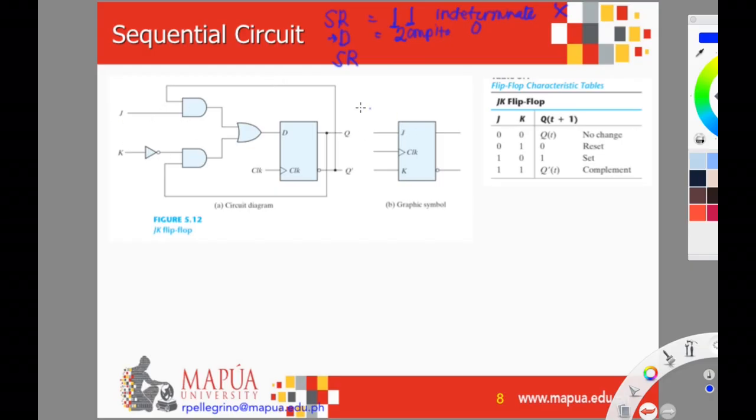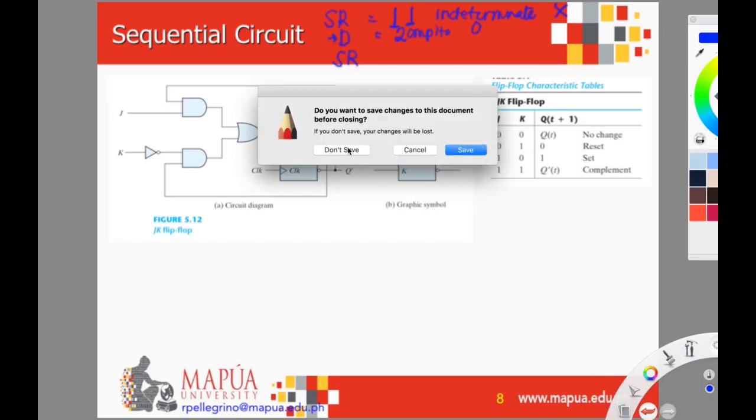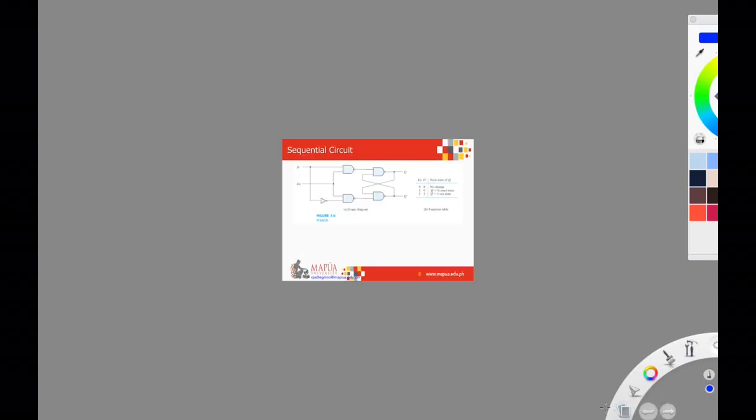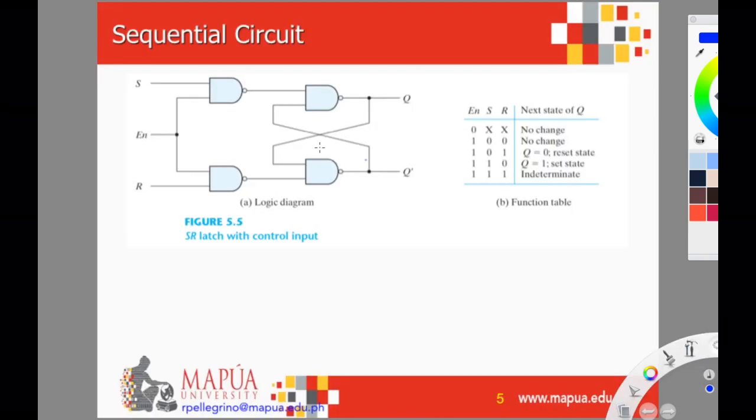So JK flip-flop is actually implemented using the SR. So let's go back here. As you can see, this is the form of your JK flip-flop. JK flip-flop is implemented using the AND gate.